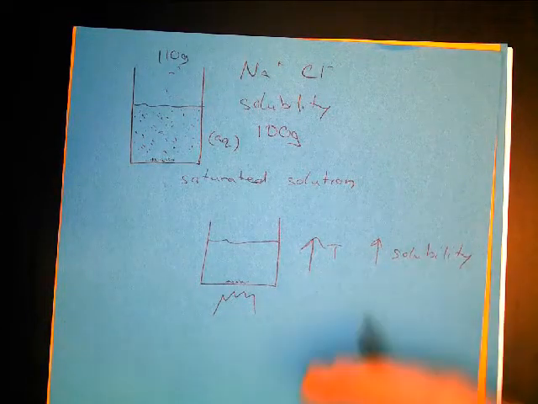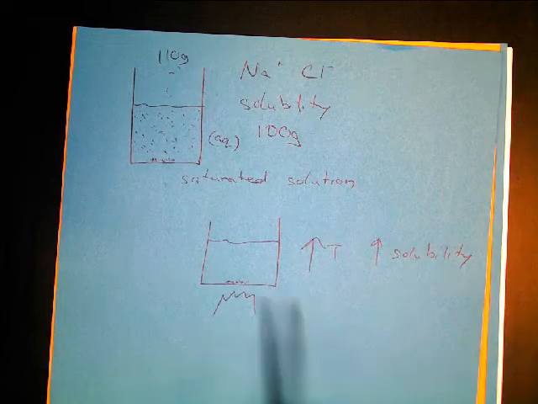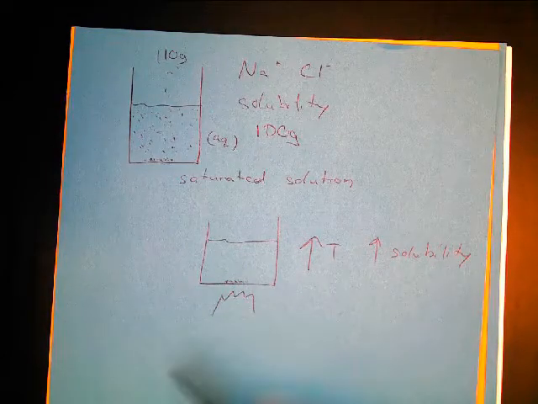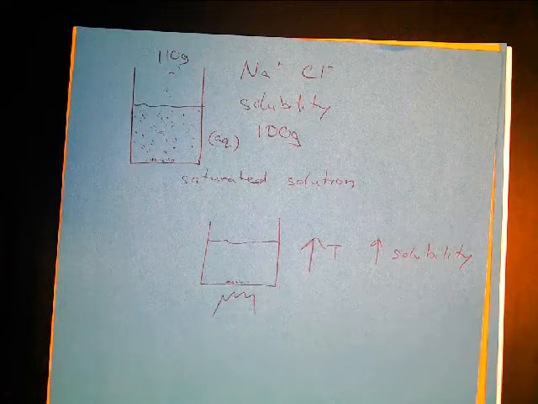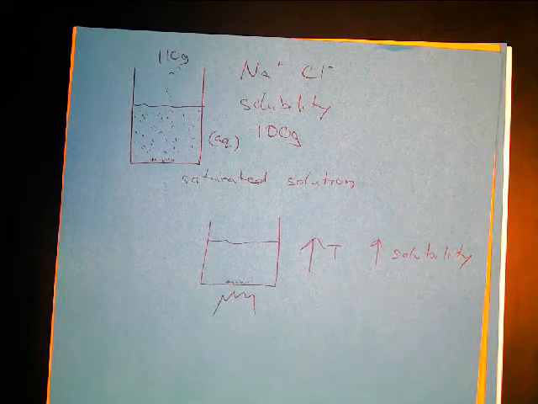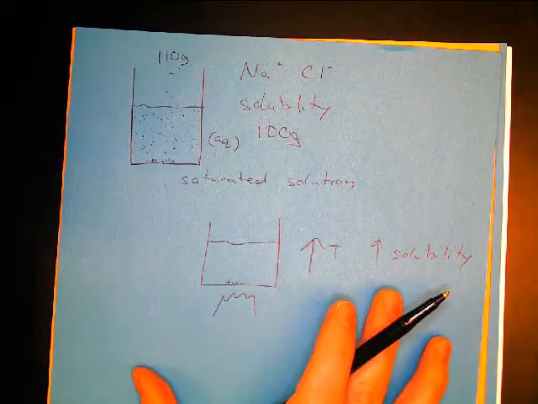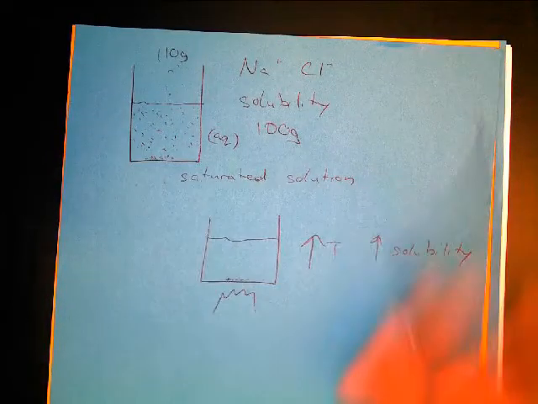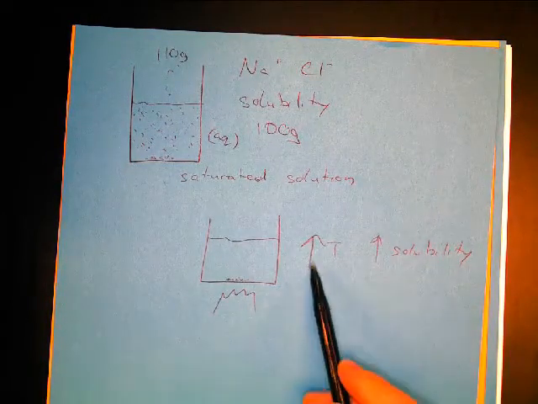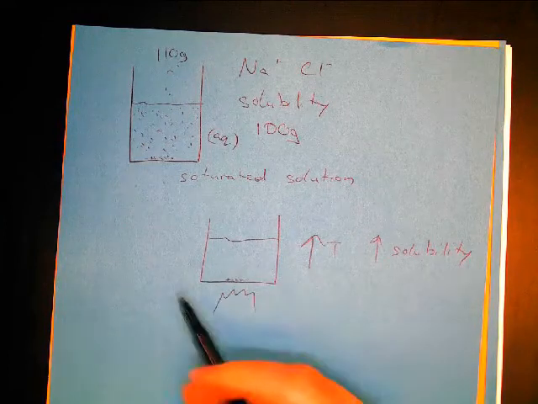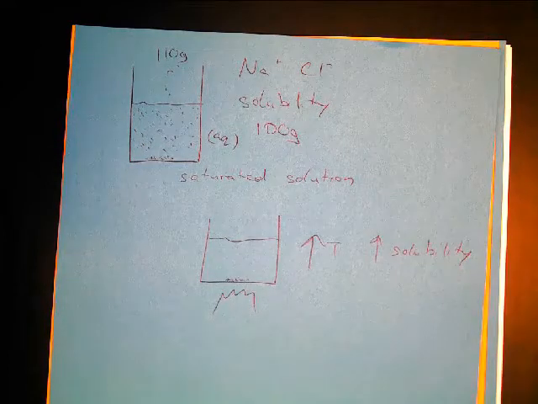At higher temperatures of solvent, we can fit more salt, or more solute, into the solution. Not all solids behave this way, but a lot of them do. So for most solids, or most ionic solids anyway, when you heat the solution, you can dissolve more solid in the solution.